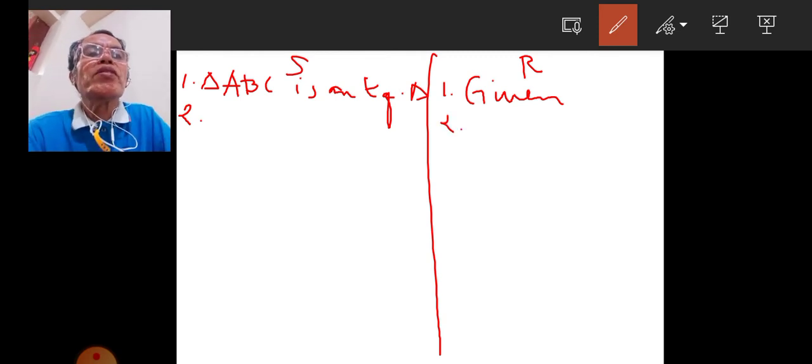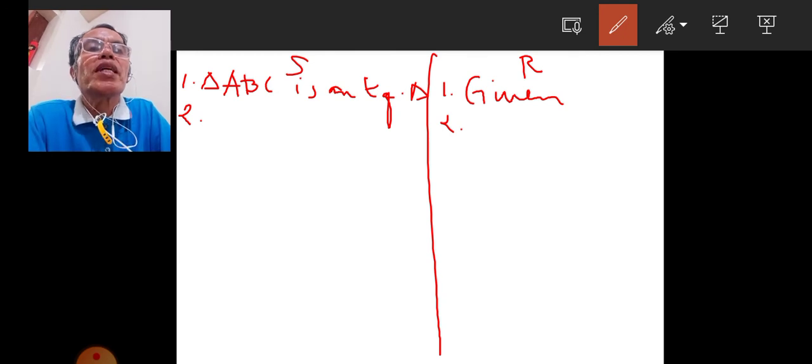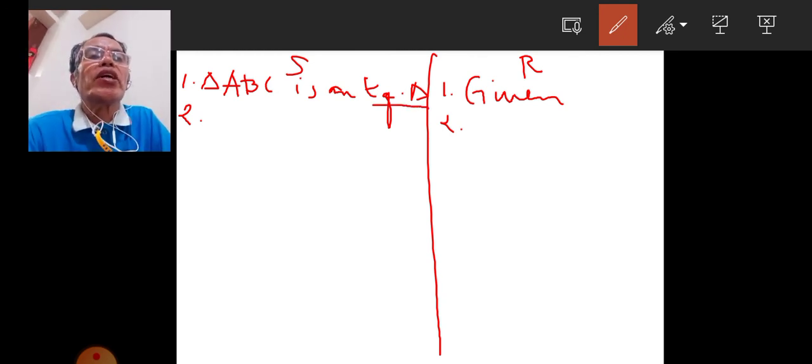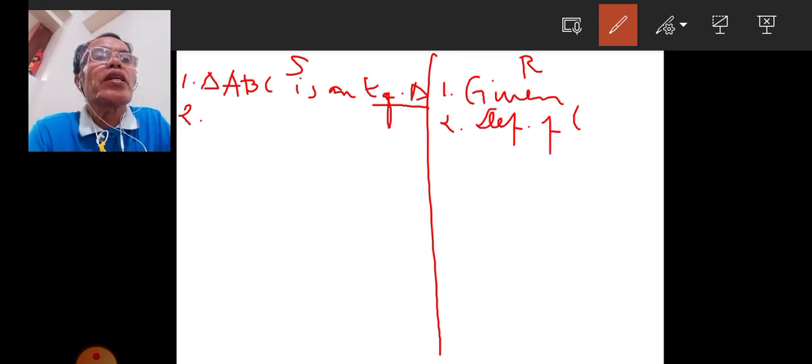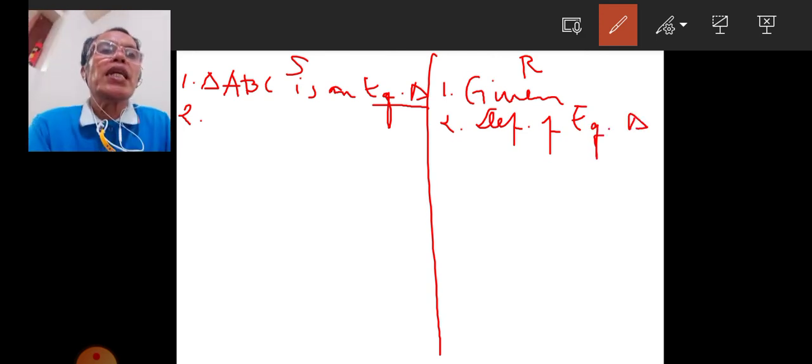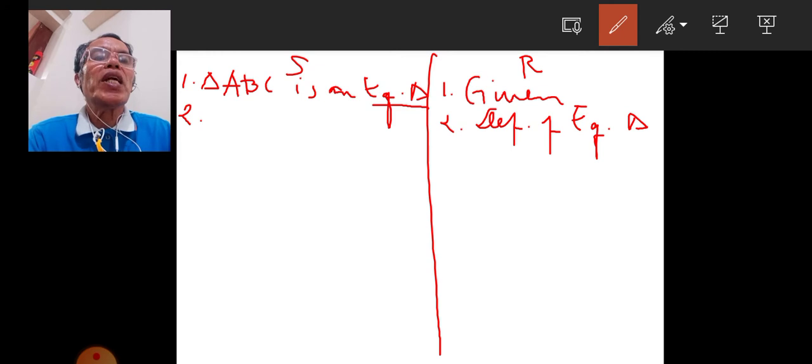For the reason number 2, you can anticipate your answer because you have the term in your first statement, equilateral triangle. So therefore, your reason must be definition of equilateral triangle. So what is an equilateral triangle? An equilateral triangle is a triangle with 3 congruent sides.